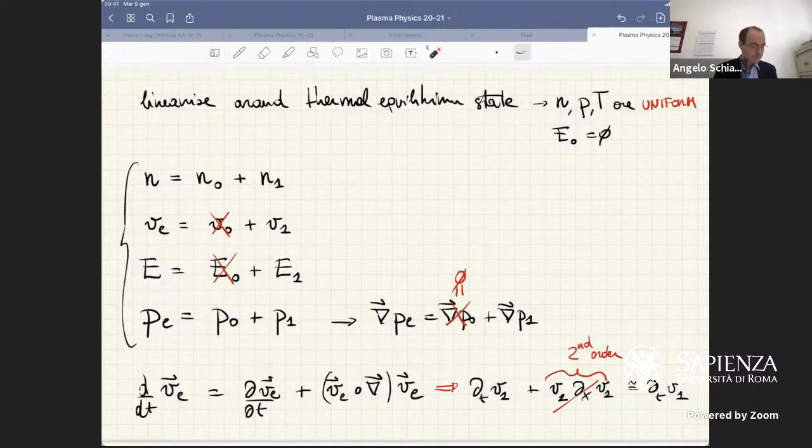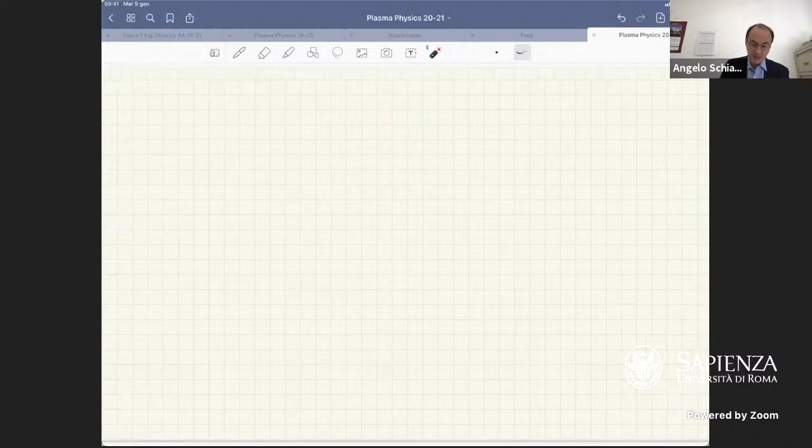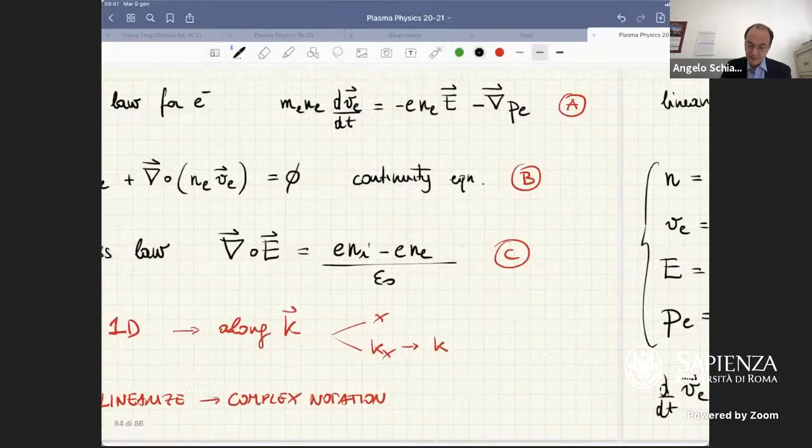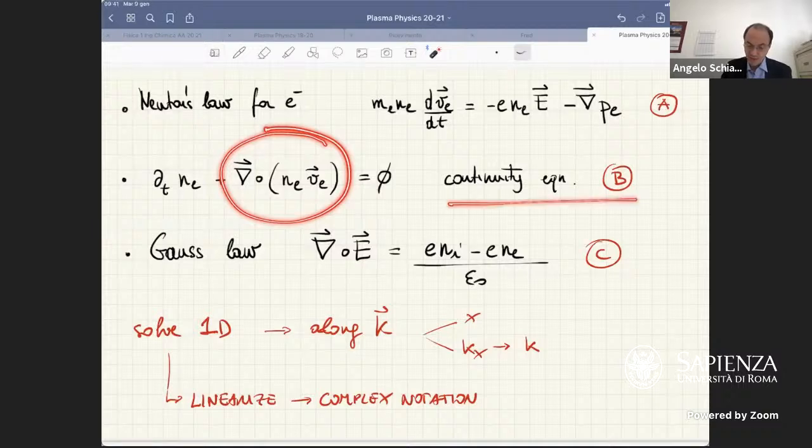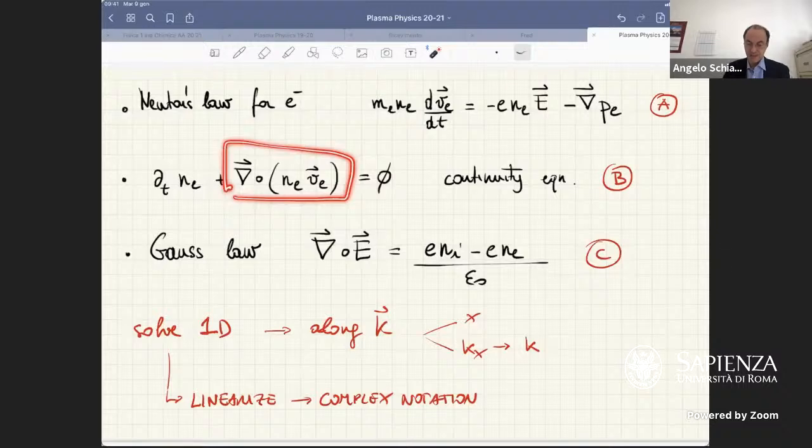Okay. And let's move on. Another term that is important to describe is, as you can see here, in the continuity equation B, the divergence of the density times the velocity of the electrons.